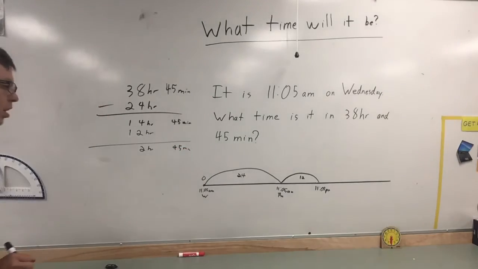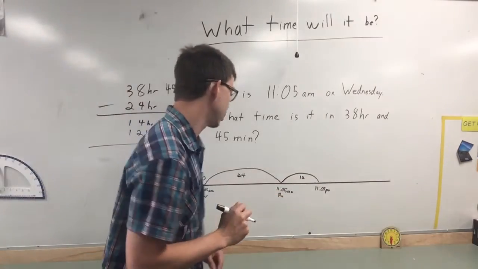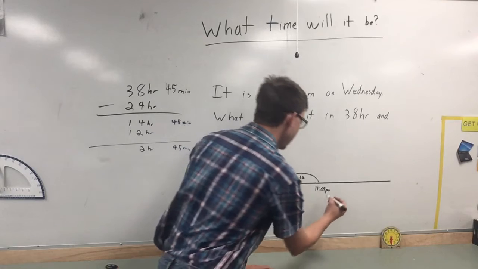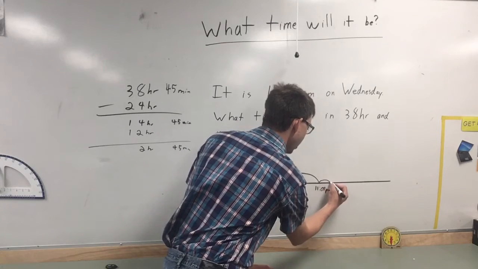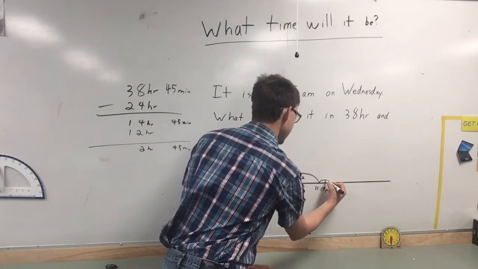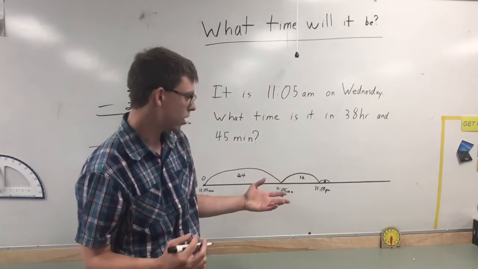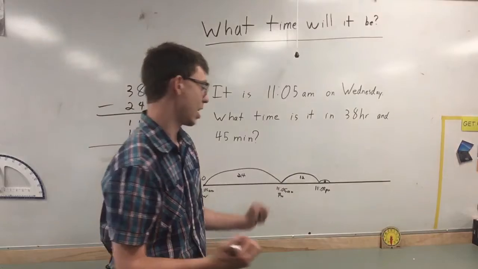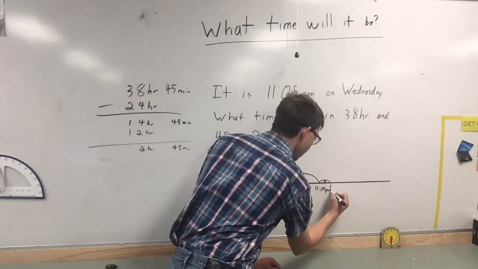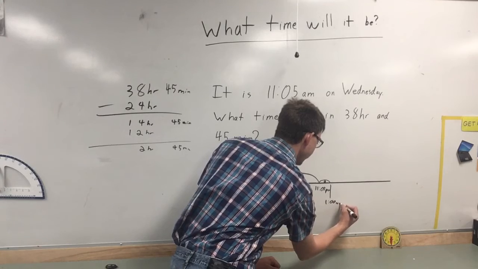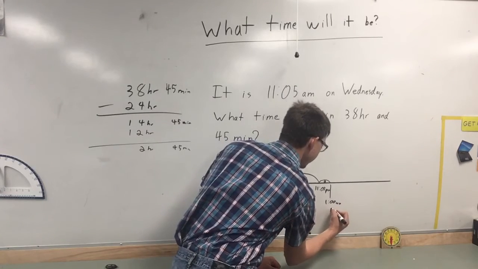Okay, let's add 2 hours. Okay, we are still in the PM on Thursday. So, with 2 hours, this is another 2 hours, we are going to be 12 a.m., 1 a.m. So this is now going to be 1:05 a.m. Friday.